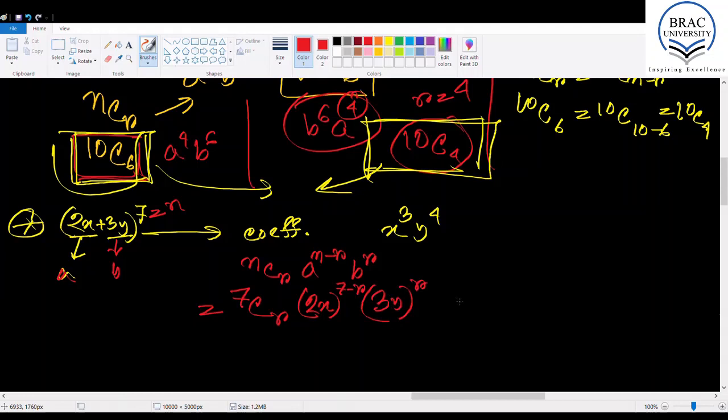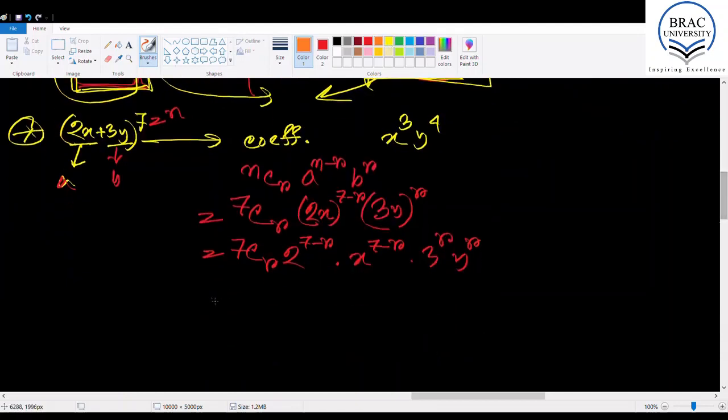So eventually what you will get is 7Cr 2 to the power 7 minus r into x to the power 7 minus r, 3 to the power r, y to the power r, and you will get 7Cr 2 to the power 7 minus r into 3 to the power r, and at last you will get x to the power 7 minus r, y to the power r.